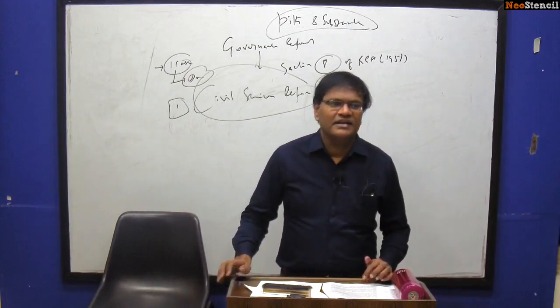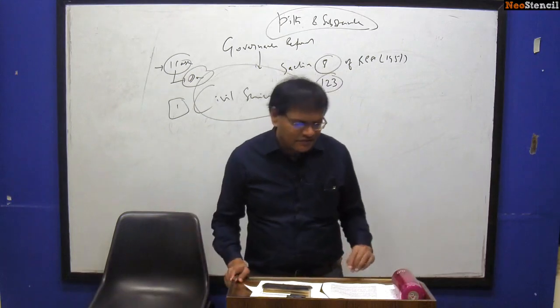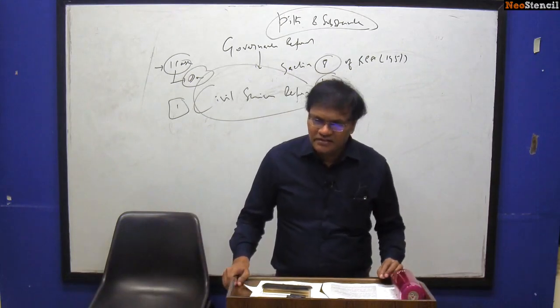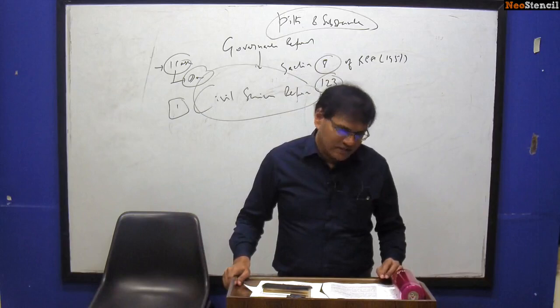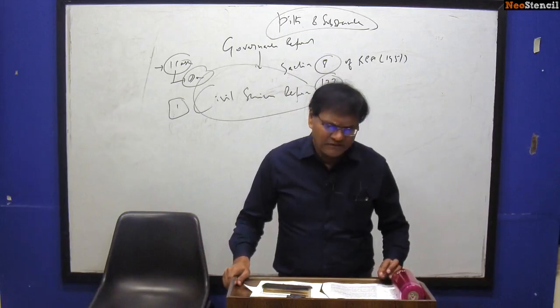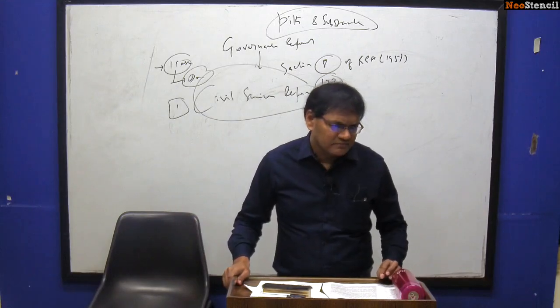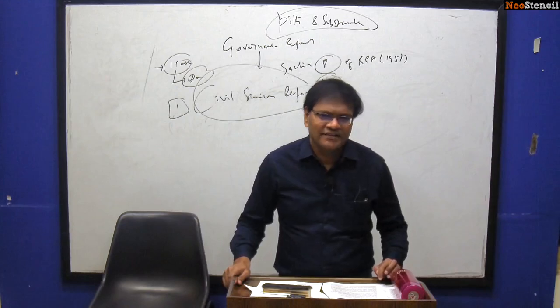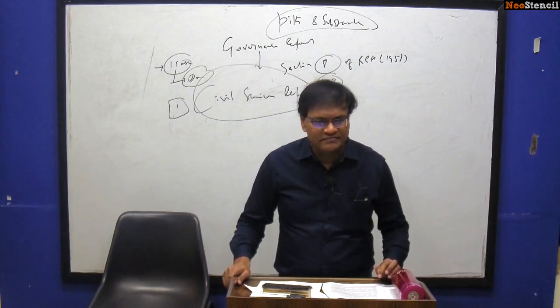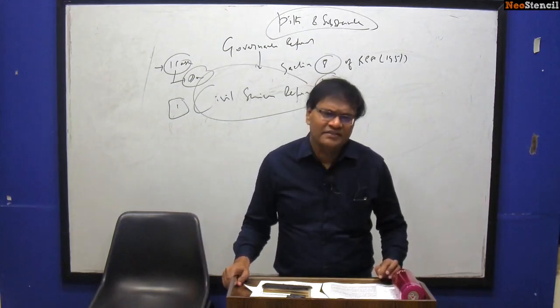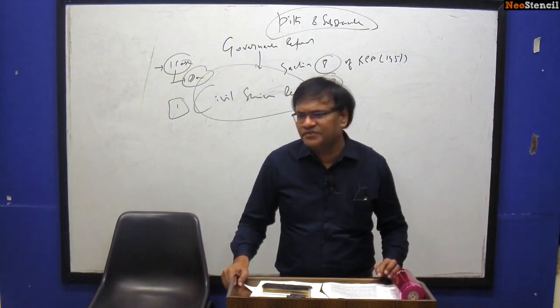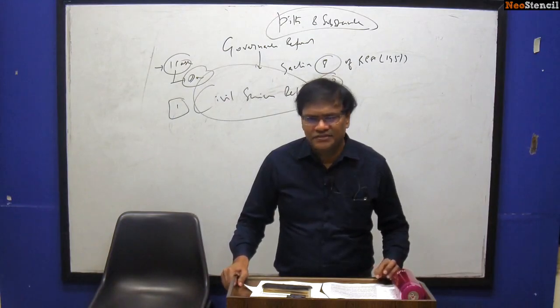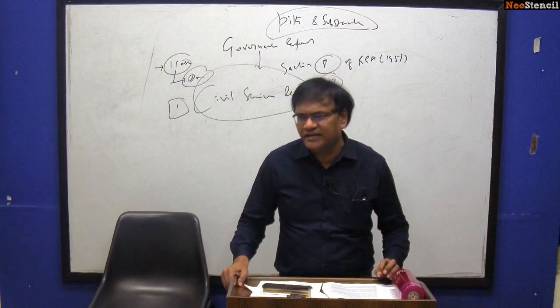This PIL had literally opened the floodgates as far as judicial activism is concerned. Over a period of time, the judiciary has entered into the domain of the legislature and executive, resulting in what we call judicial activism. The question is, is this judicial activism justified?